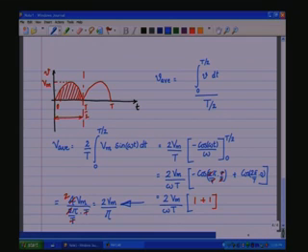So, that gives you an average value for a full wave rectified waveform, which is equal to 2 Vm by pi. This is the average of a full wave rectified waveform with Vm as the parameter. So, this is something that you may have to remember.